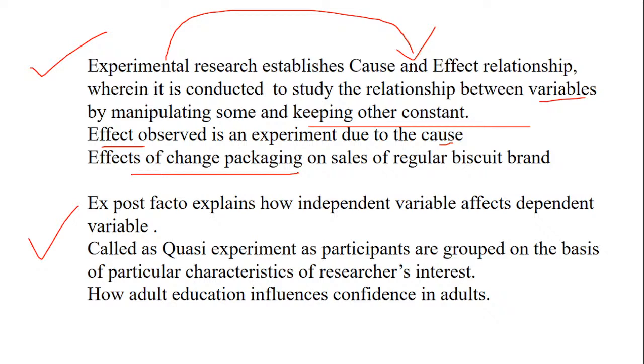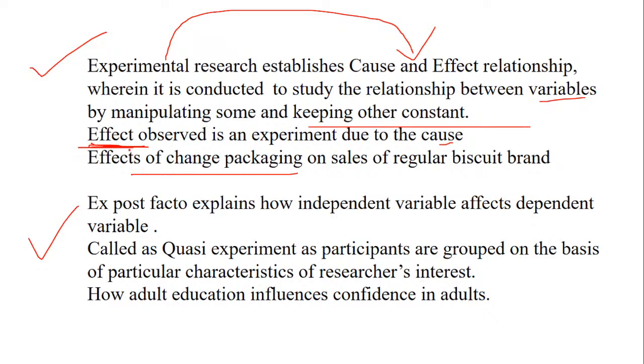So in experimental research, basically you have to find out the cause and effect. What is the effect because of which cause, and when you understand that relationship, that is with the help of experimental research. But suppose you are not getting the effect, then certain manipulations are done in order to get those effects.